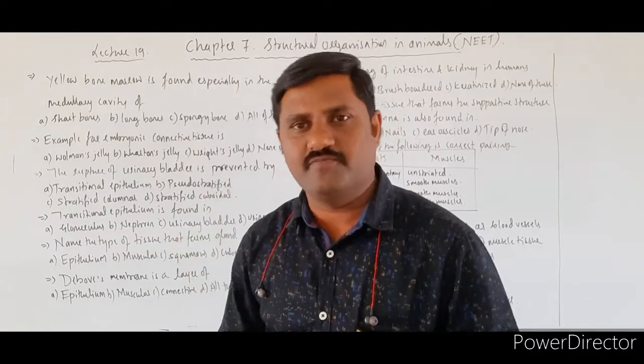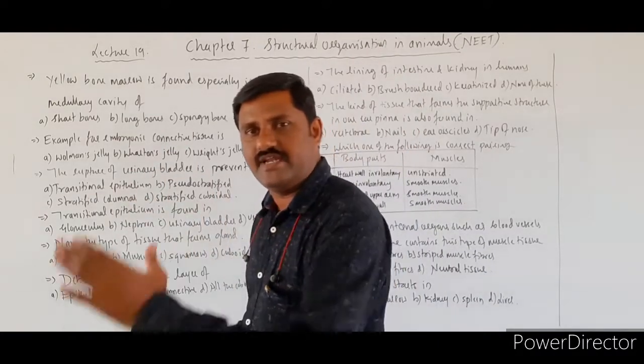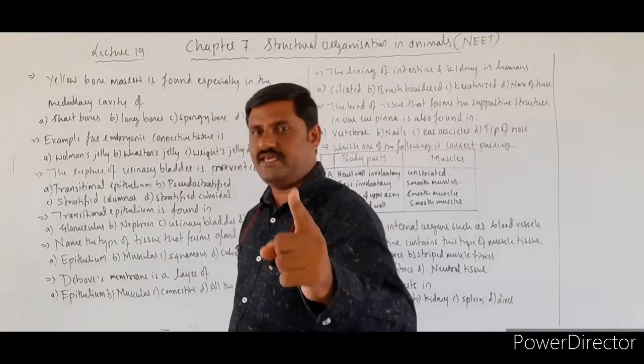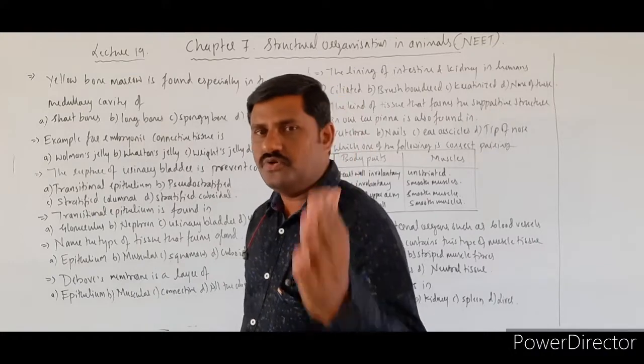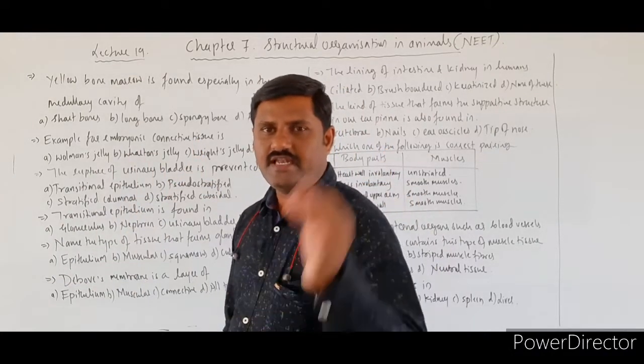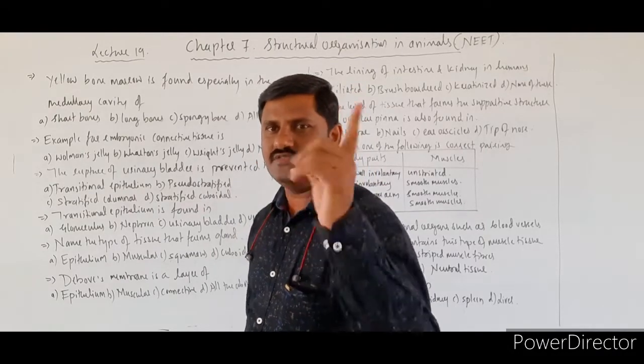Then in what type of bones is it available? Let us see the options first and later we'll analyze all those ones. Already I have explained this one in theory completely, so you know the answer better. Open the notes with you people, then you will certainly get the answer for this question in your notes itself, right?